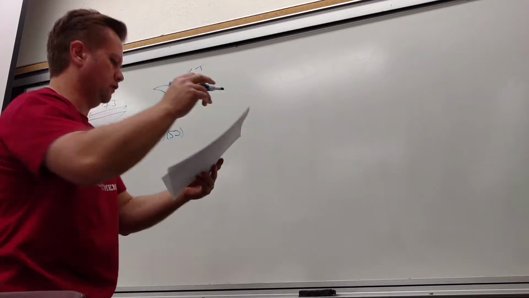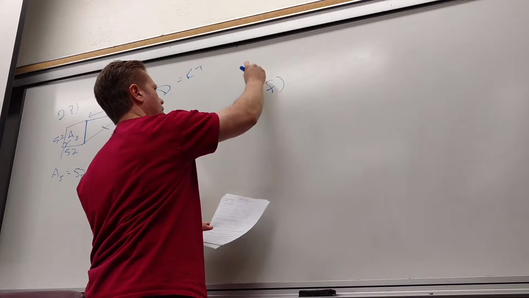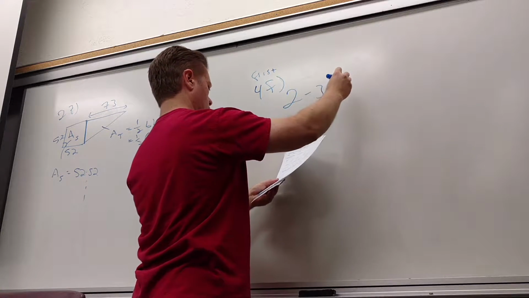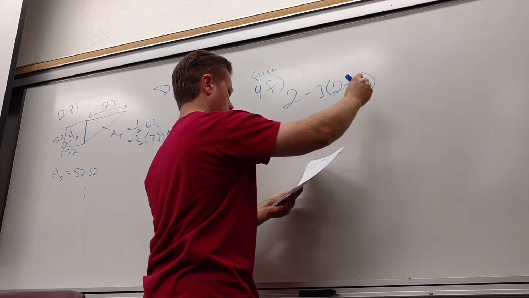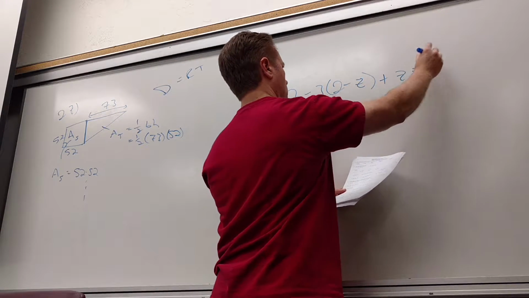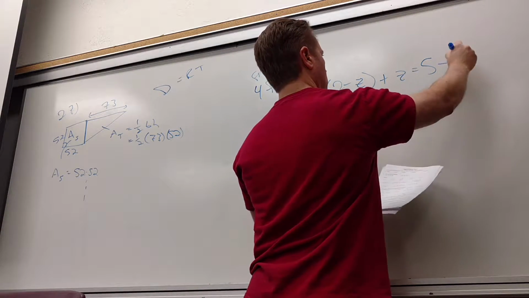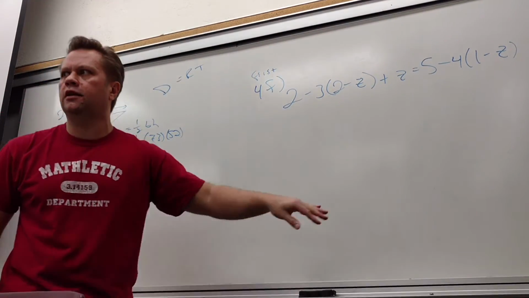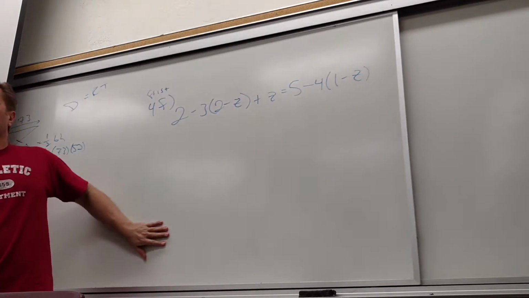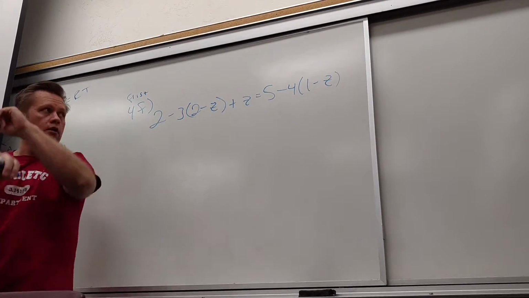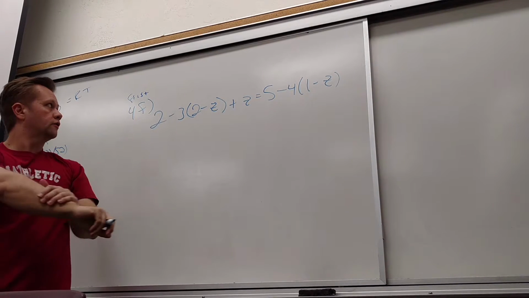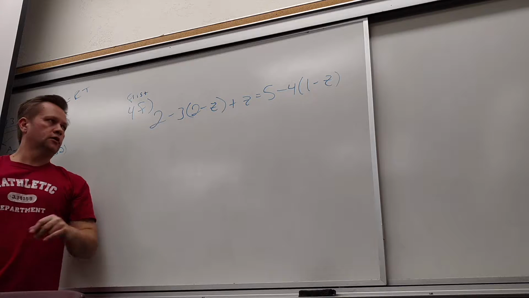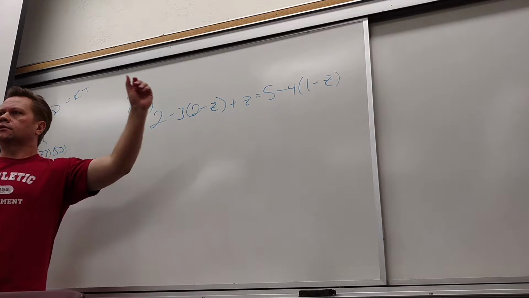All right, so let's see. The first 4F. I've loaded this down with so many common mistakes. Why do I do that? Because I have to. So what do I do first?